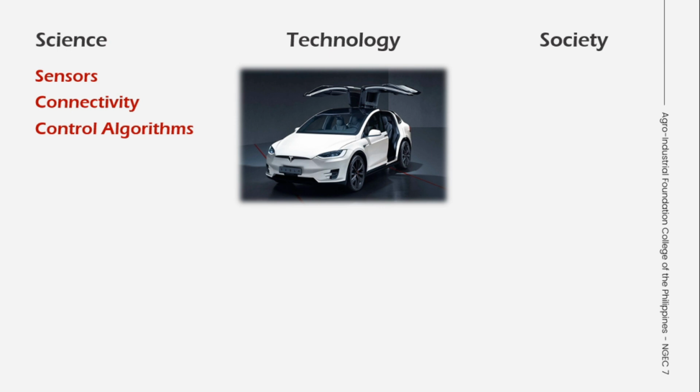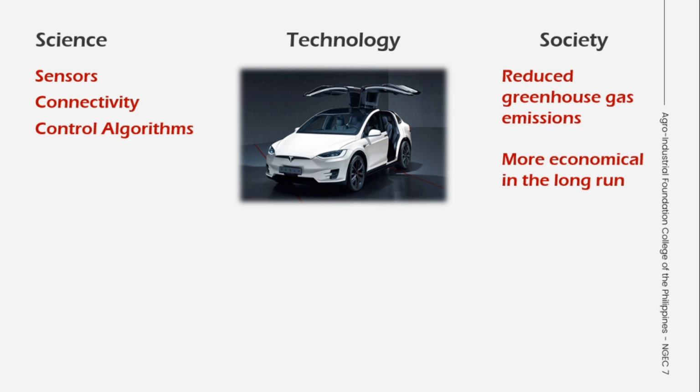Now, for the society, this means reduced greenhouse gas emissions, okay? That is deemed to mitigate global warming and consequently climate change. This is also more economical in the long run, as this will not be relying on fossil fuels such as petroleum that are susceptible to price hikes.